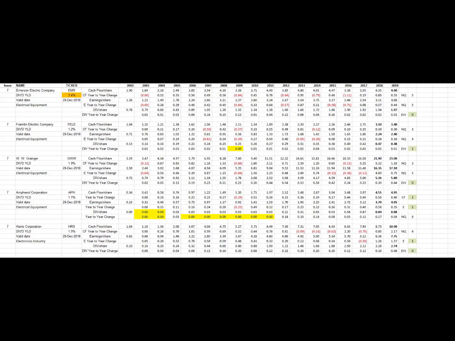Hello investors and welcome to the first weekly analysis by Shark Investments for 2019. Those of you that have seen my introductory video will recognize the format of this spreadsheet. This is the summary of the companies that were listed in the latest issue of the Value Line Investment Survey, my primary data source.